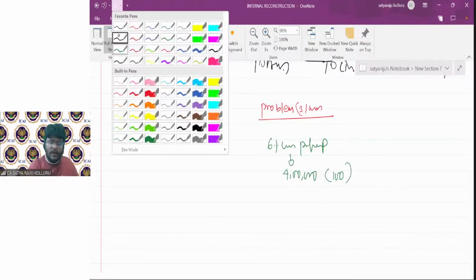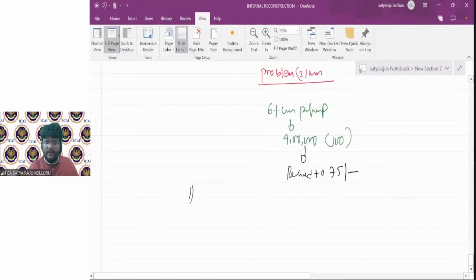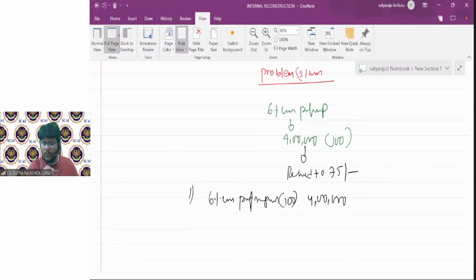Now, we are reducing it to 75 rupees. Now, the entry: existing 6% cumulative preference share capital, you need to cancel, in bracket 100 rupees face value, total amount is 4 lakhs.